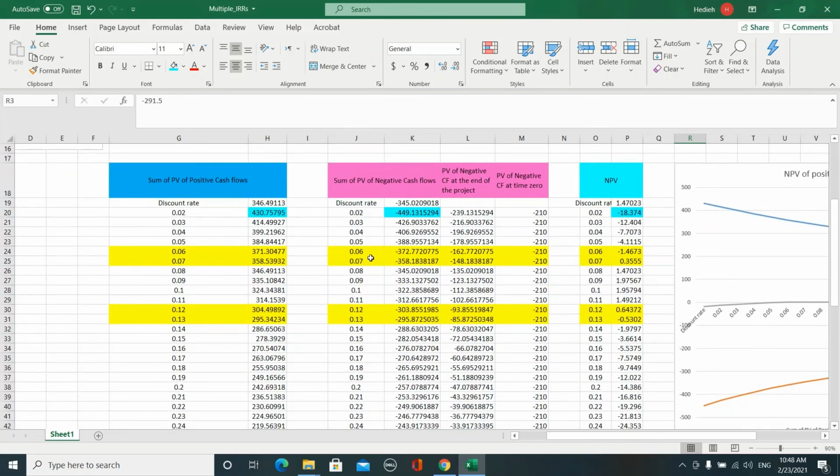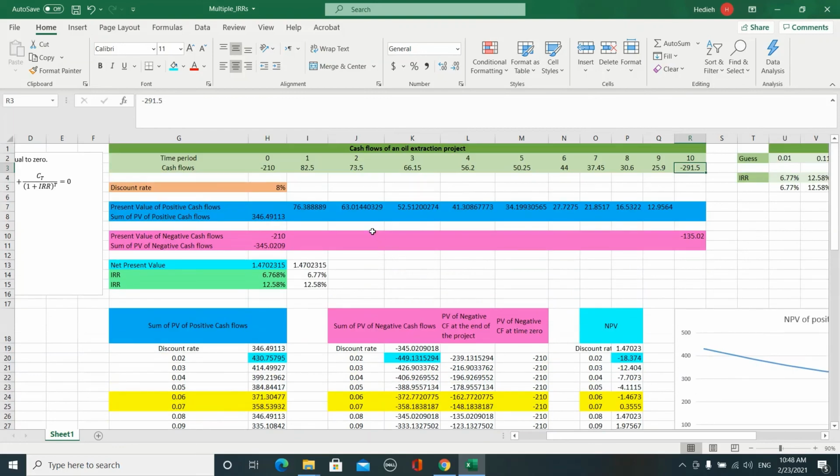Okay, so I hope that this explanation helps you understand better why for a single stream of cash flows we have more than one internal rate of return. The only reason for observing multiple internal rates of return for a project is how the cash flows of the project happen over the lifetime of the project.